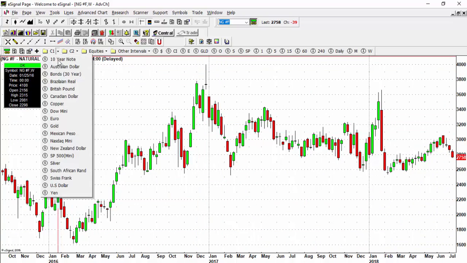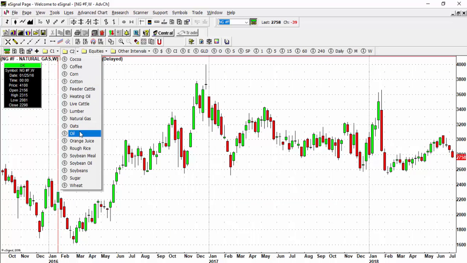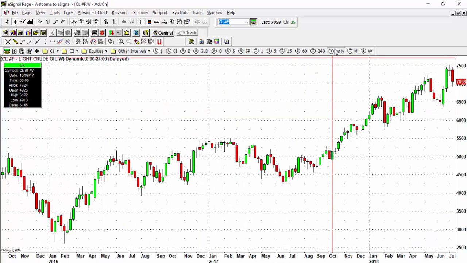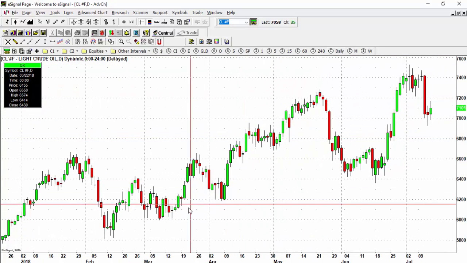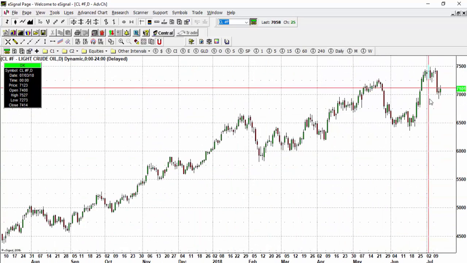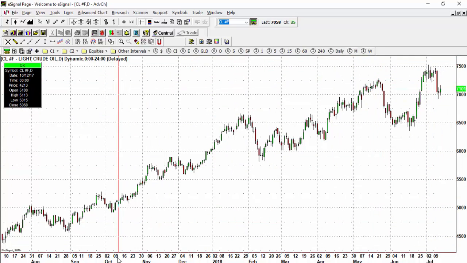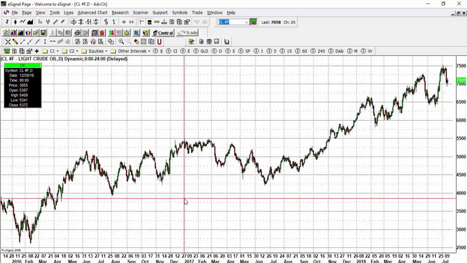The one commodity that has really been outperforming is the crude oil market, where we see oil did have a down move last week. Actually, the market was down some 5% on Wednesday, I believe it was. But as you can see, this market is still in a broad uptrend. A series of higher highs and higher lows still prevails with this crude oil market.